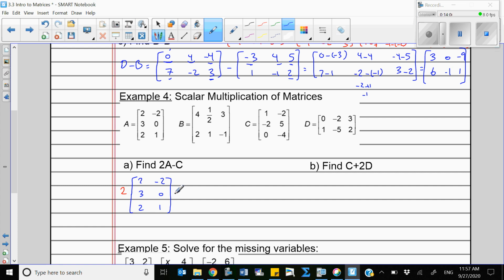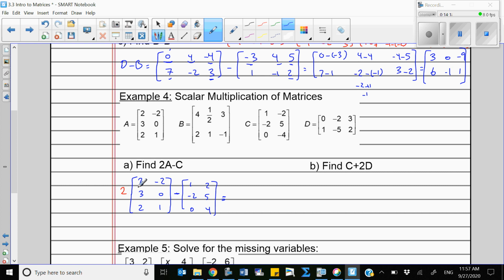And then we want to subtract C from this one. So I'm going to write that 1, -2, -2, 5, 0, and 4.